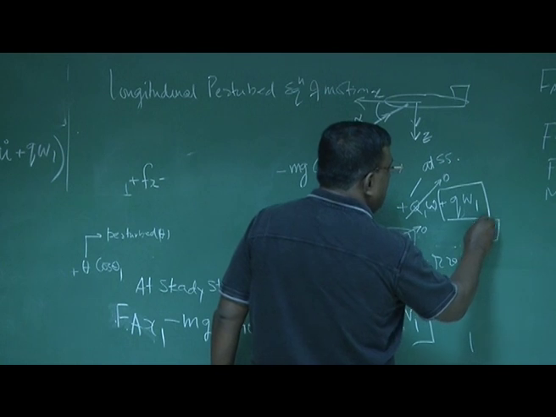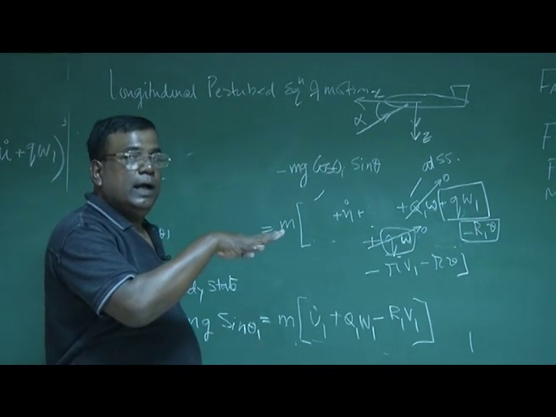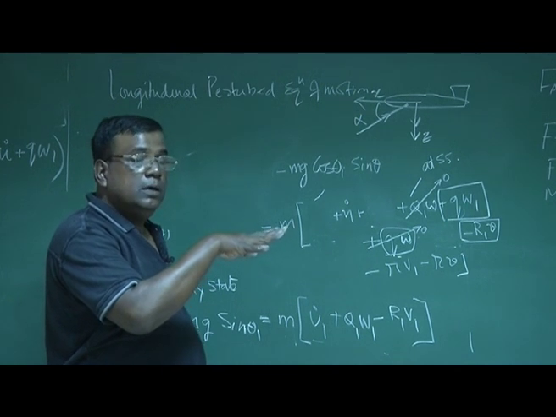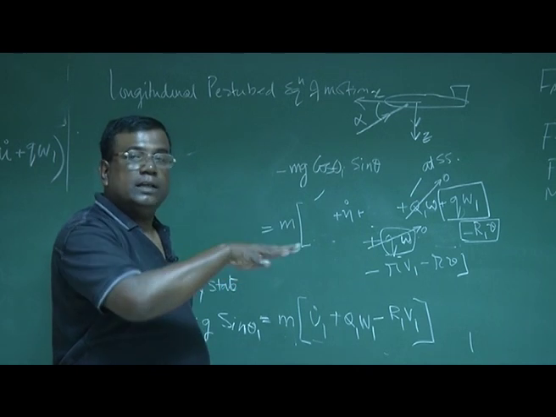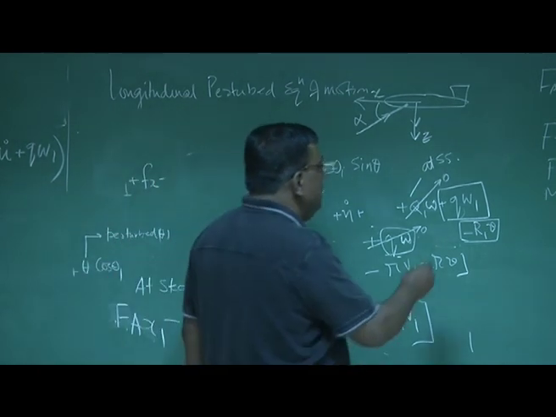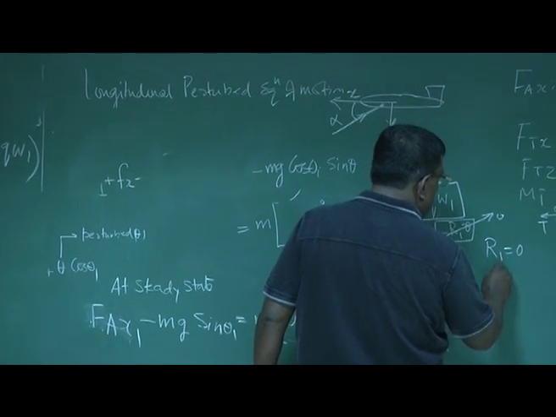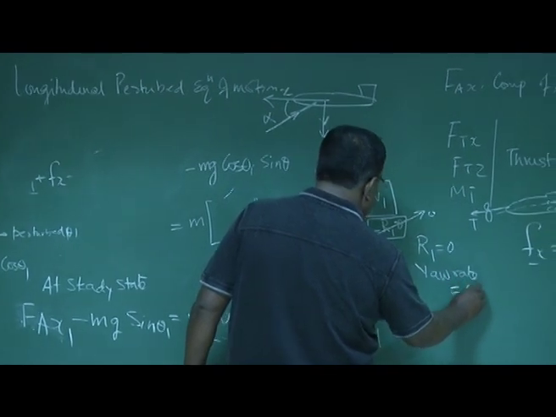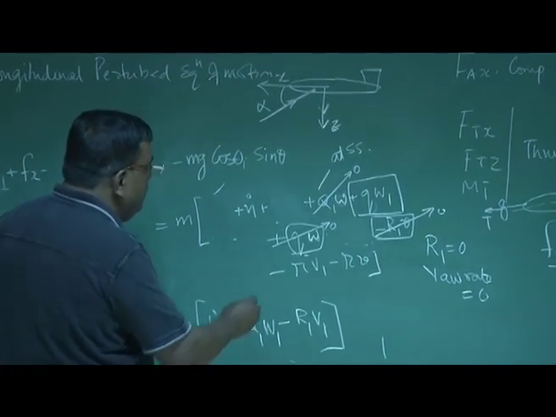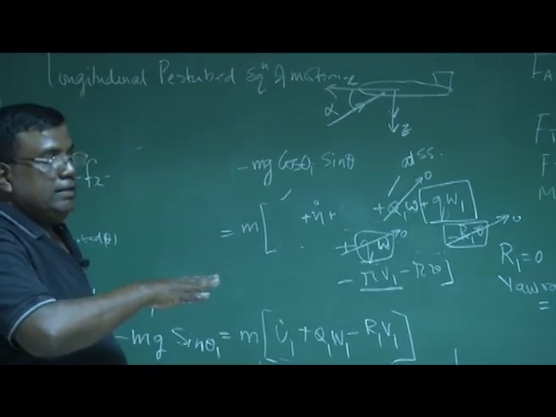And here you see r1 into v. When the airplane is at steady state, cruise flight, we are giving perturbation about cruise. So there is no r, there is no yaw rate, right? So r1 is 0. So this also goes, because r1, the yaw rate, is 0. Similarly, r v1: what is v1? v1 is the side slip velocity.